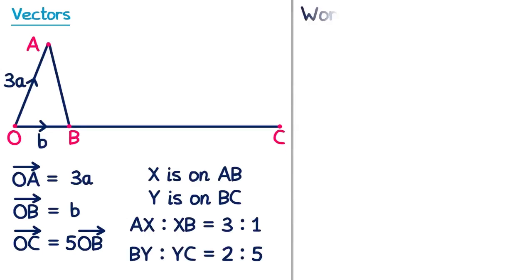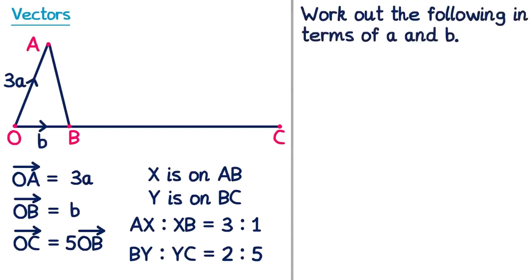And then we're going to work out some vectors again in terms of A and B. So we're going to start with the vector AX. So we were told that OC is 5 lots of OB. So OC is the vector from O all the way to C. So this really long line here.